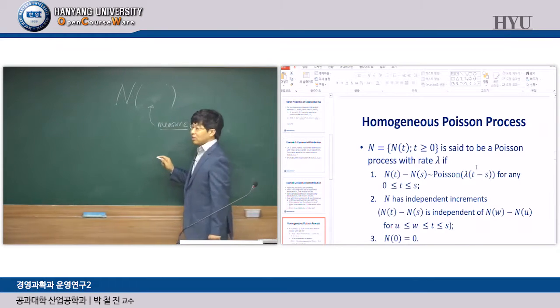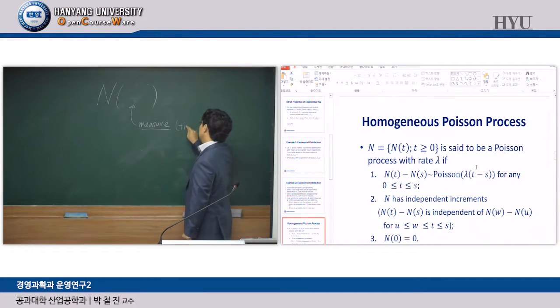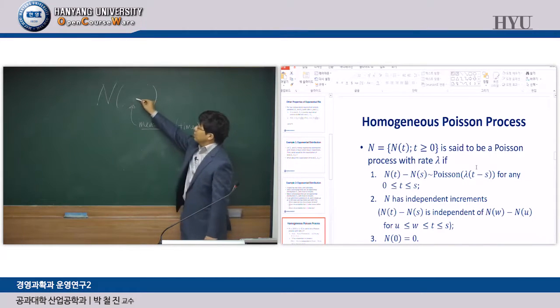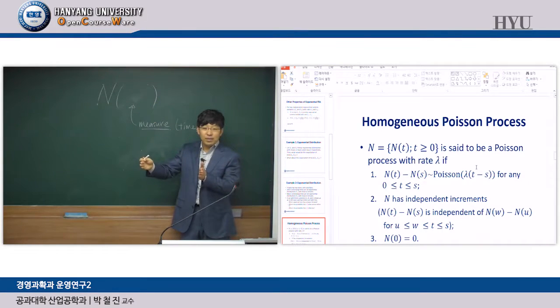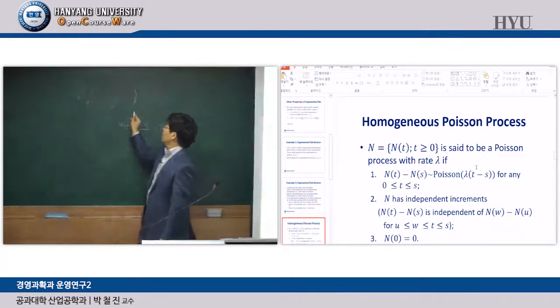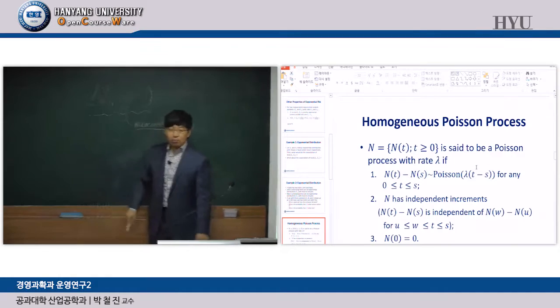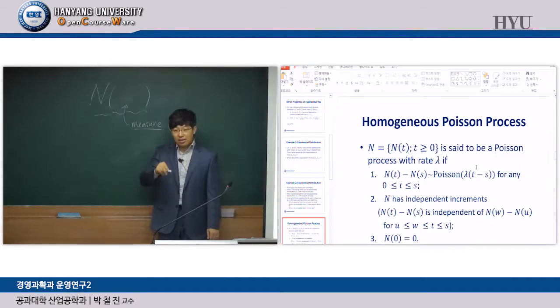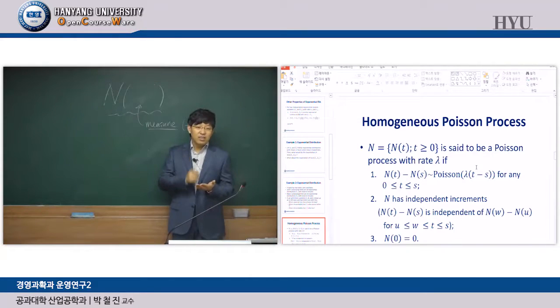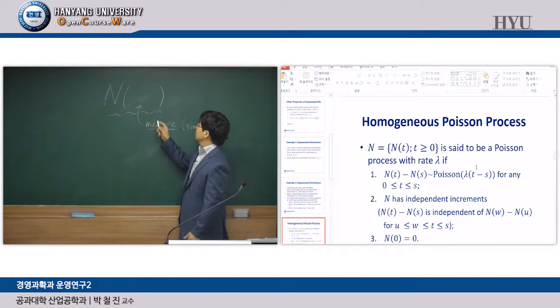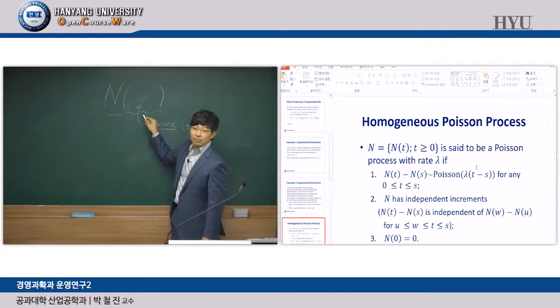Usually you consider a time measure. When you put an amount of time in the parentheses, then this N with parentheses means the number of events that occur during this amount of time.